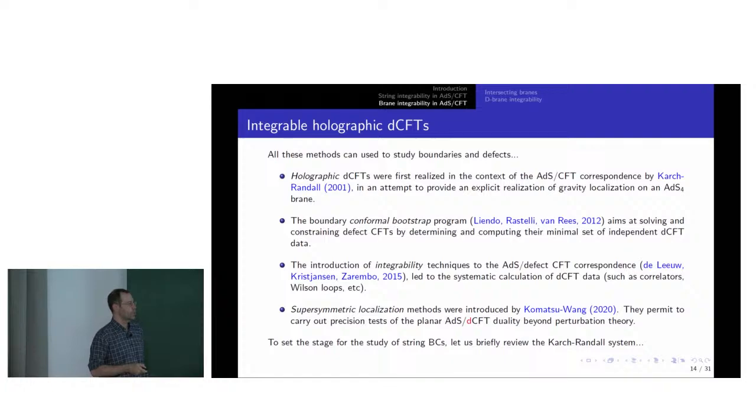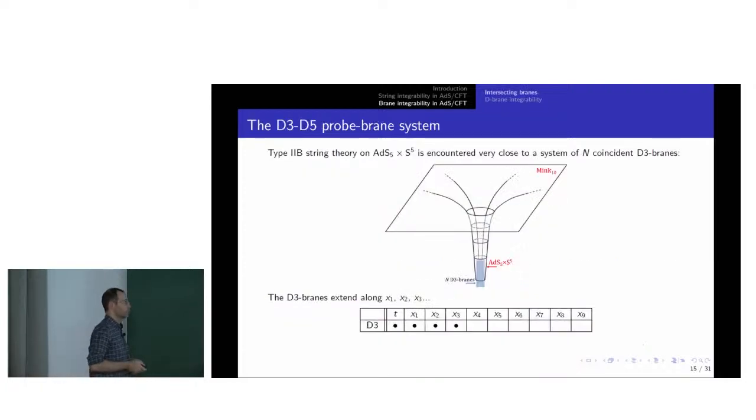So let me go first through the Karch-Randall system, which will define the boundary conditions for our strings. And then I will try to show the integrability of strings. First, let me remind you that the AdS type IIB string theory that shows up on the right-hand side of the AdS/CFT duality is encountered very close to a system of N coincident D3 branes.